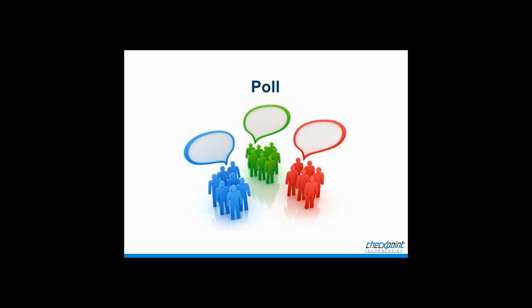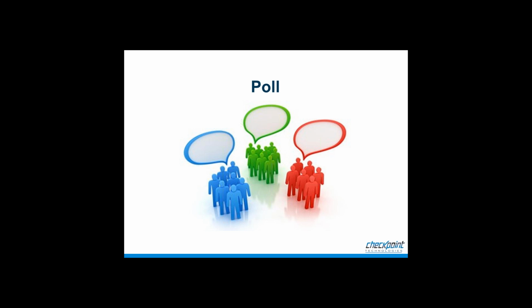The first thing that we would really like to do is take a quick poll of the audience. What we'd like to know is, where is your organization at? If you take a look at the choices, perhaps your organization is at the point where it's asking, what is mobile? Otherwise, you might know that you have mobile something, you've got a concern about it, but it's not a primary focus.